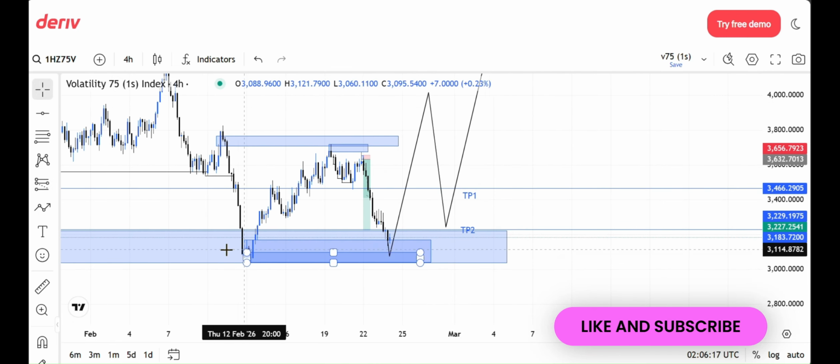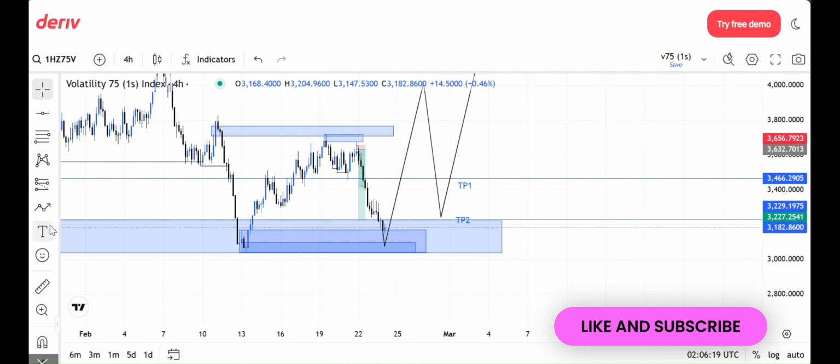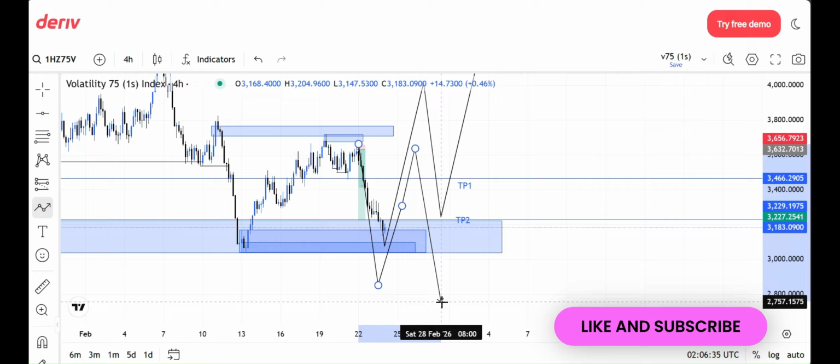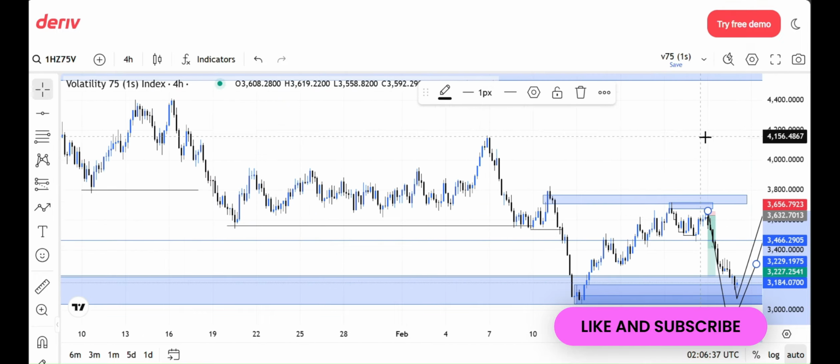But for us to continue bearish, you will be looking for something like this, for price to break this low and then probably have some form of retracement around here or around here for us to sell, to continue the bearish move.